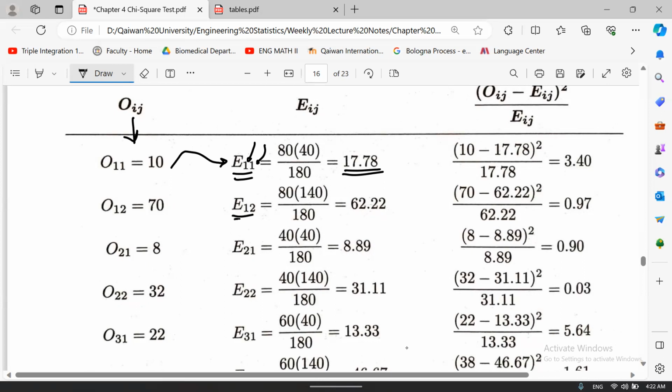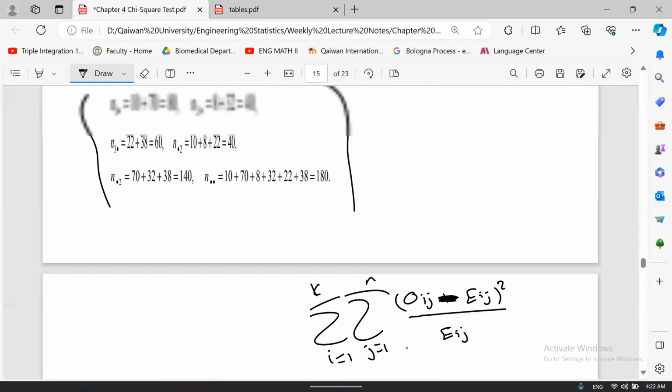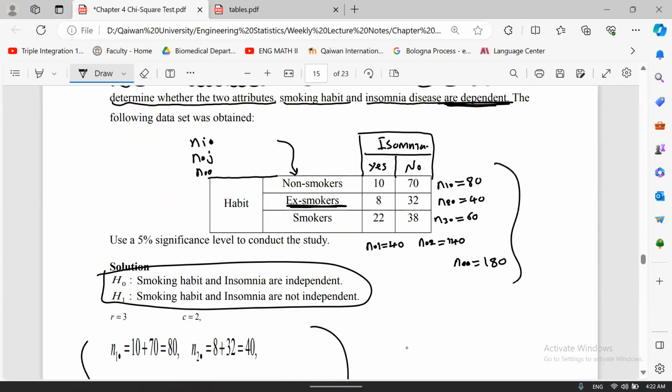Then for E12, it is N1 dot times N dot 2, divided by N double dot, which gives 62.22. We calculate these. It's easy to calculate as you have these all, easy to multiply and divide. Okay?